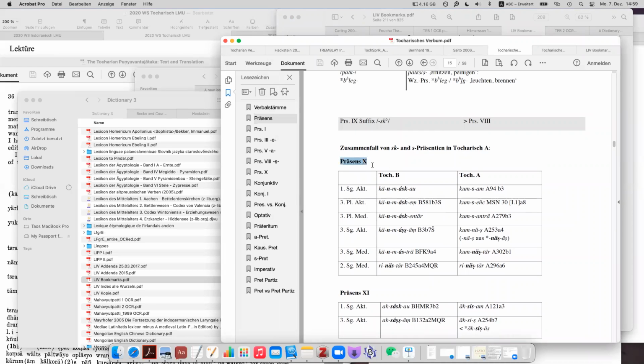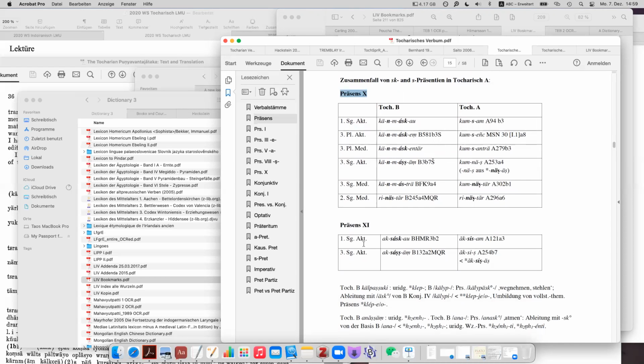So you can see the sk present actually, how to say that, has a secondary development into nusk, yeah, or even to another class 11 is called susk.